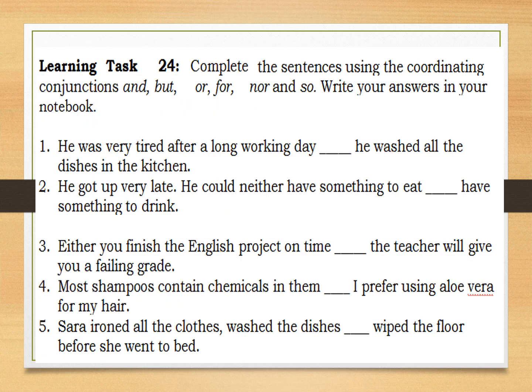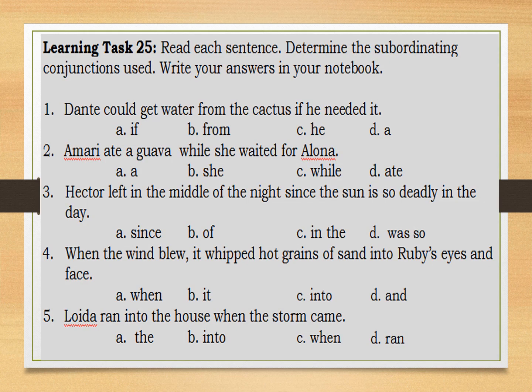Learning task 24, complete the sentences using the coordinating conjunctions and, but, or, for, nor, and so. Write your answers in your notebook. Learning task 25, read each sentence, determine the subordinating conjunctions used. Write your answers in your notebook.